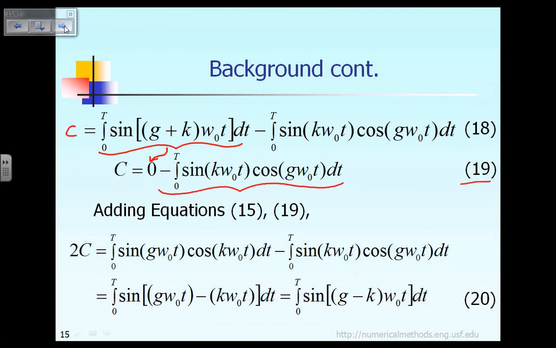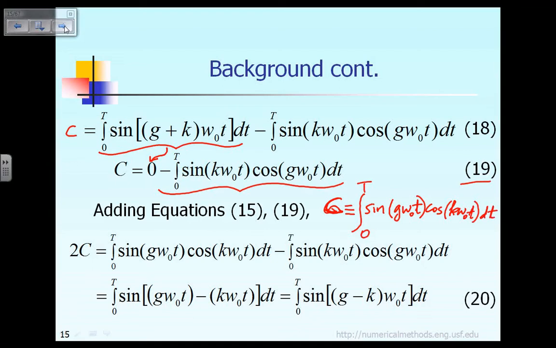According to the previous slides, we also know the definition of c: the integral of sine g omega naught t cos k omega naught t dt between 0 and the period t. That was the definition of c.